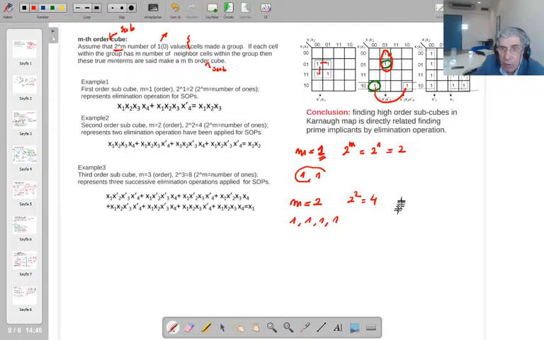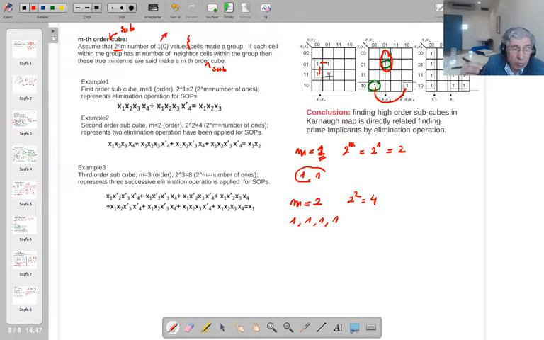For example, we have 4 ones here. These 4 ones do not make a second order subcube. Why is that? Because this one has 1 neighbor only, not a second neighbor. We said each one within this group must have 2 neighbors. So it doesn't work. Therefore, those ones are not a second order subcube, but this one is a second order subcube.